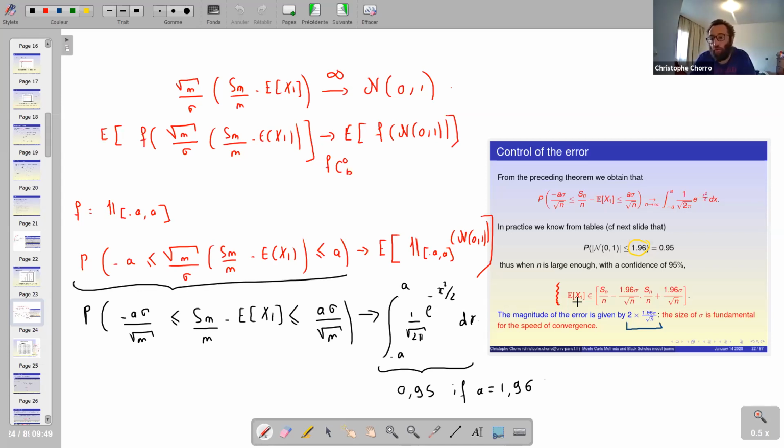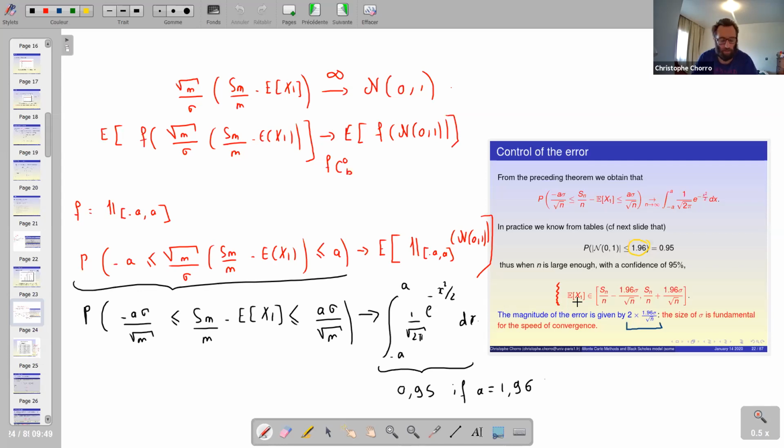Unfortunately, in general, if you don't know the expectation of a random variable, and if you are not able to compute it explicitly, you are not able to compute the standard deviation, because in the expression of the standard deviation you need to know the expectation of the random variable. So here you have a theoretical control of the error given by the central limit theorem, but if you are not able to compute sigma or to approximate sigma, it's not something that you can use in practice.